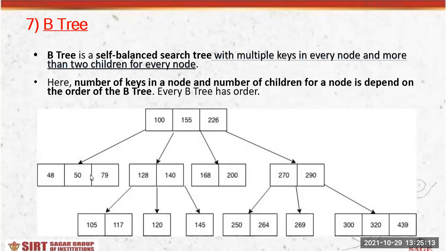So go on connecting all these leaf nodes from this, then this, then this. From this 79, 105, then I will connect 100, then I will go below this to 177, then 128, then similarly 155, and so on.